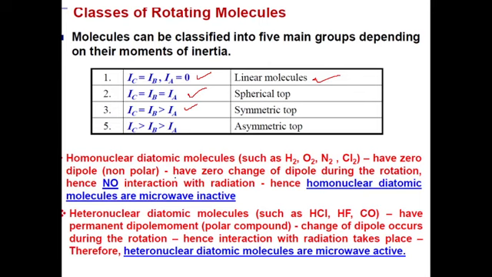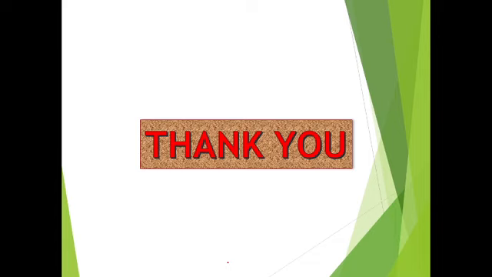Hence, these homonuclear diatomic molecules are microwave inactive. In the case of heteronuclear diatomic molecules, such as HCl, HF and CO, they have a permanent dipole moment. The dipole changes during rotation, hence interaction with the radiation takes place, and therefore heteronuclear diatomic molecules are microwave active molecules.